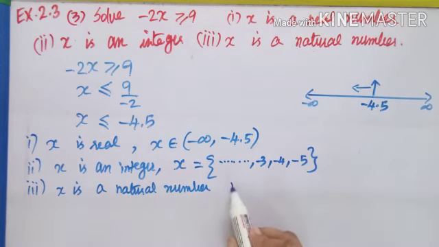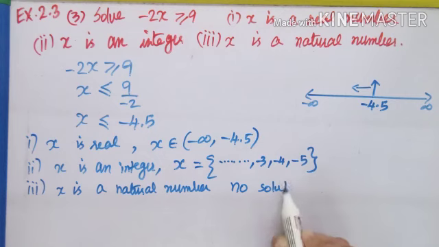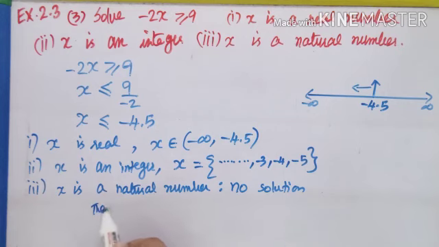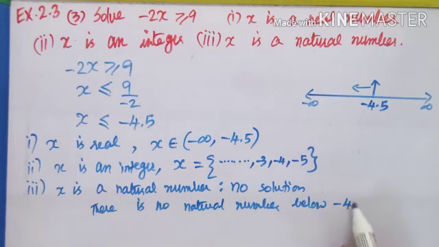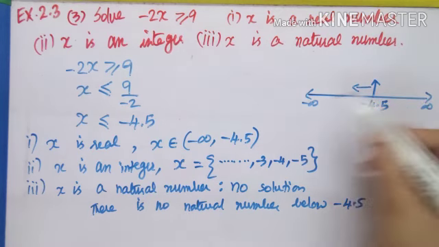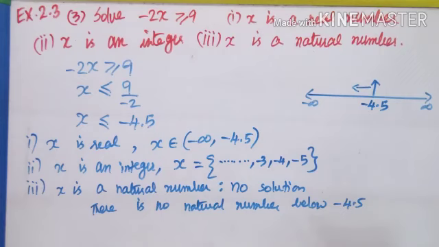So we will say no solution, because there is no natural number below minus 4.5. Natural numbers start only from 1, 2, 3 like that. So below minus 4.5 there is no natural number. So my answer is no solution.